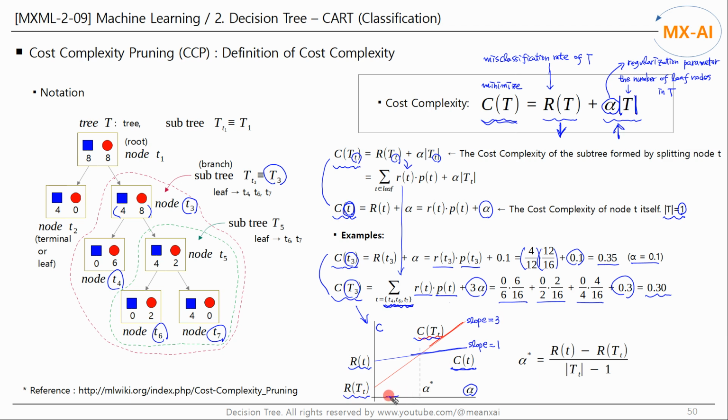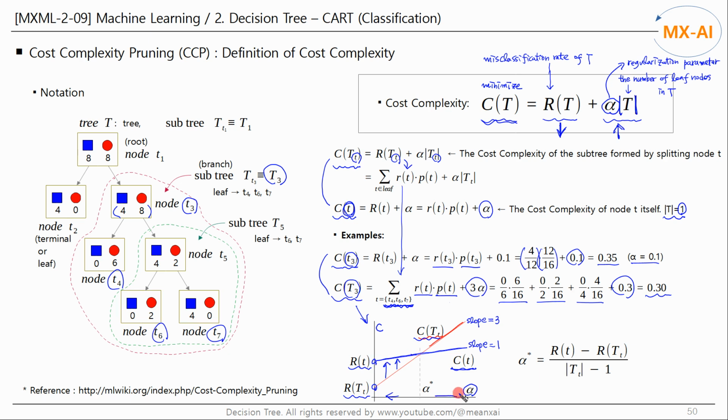When alpha is small, the cost complexity is dominated by the misclassification term, i.e. the intercept. In this case, the node has a larger misclassification rate than the subtree, so its cost complexity is higher.